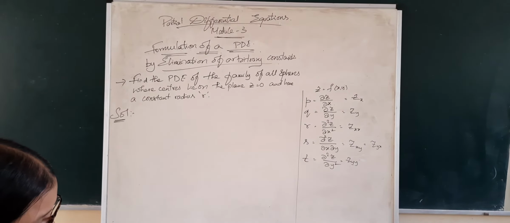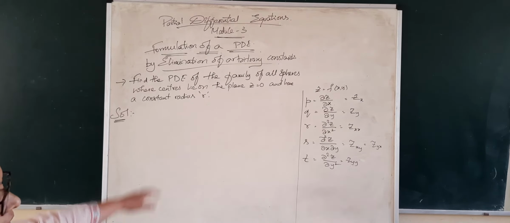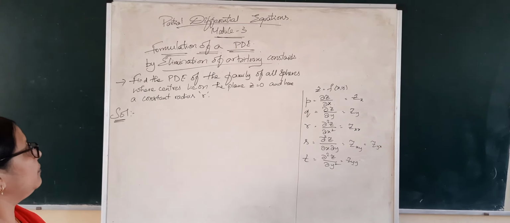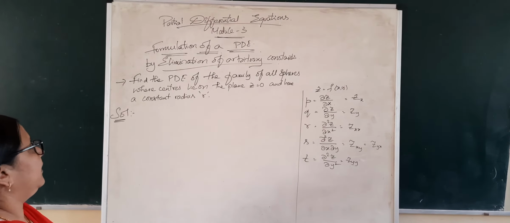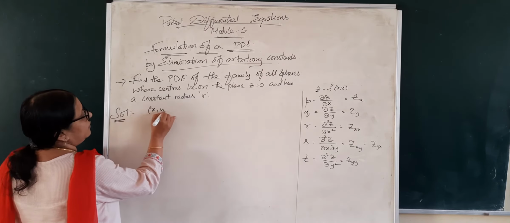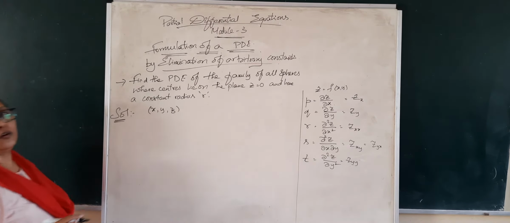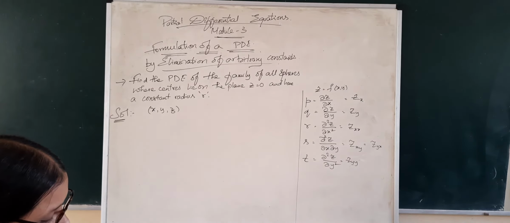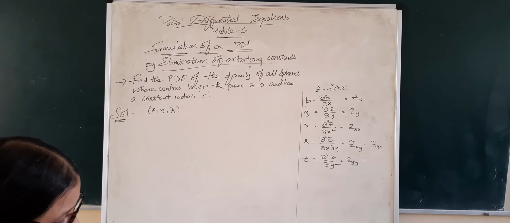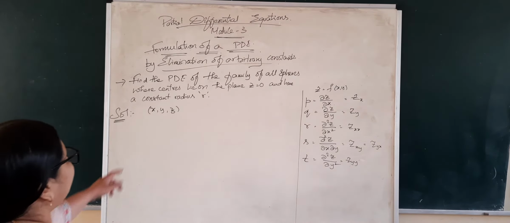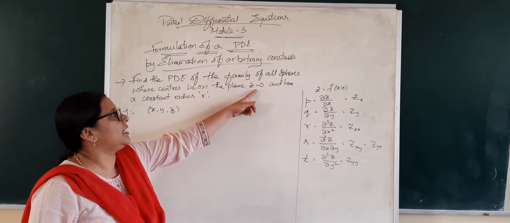In general, we are considering a sphere. A sphere is a three-dimensional figure. A point in three dimensions is usually represented with the help of a coordinate triad, that is x, y, z. We have three coordinates here, x, y as well as z. But now we are speaking about a point which is lying on the plane z is 0.